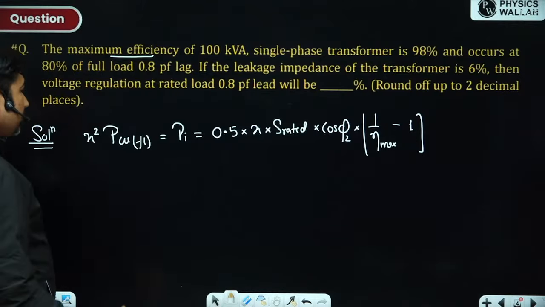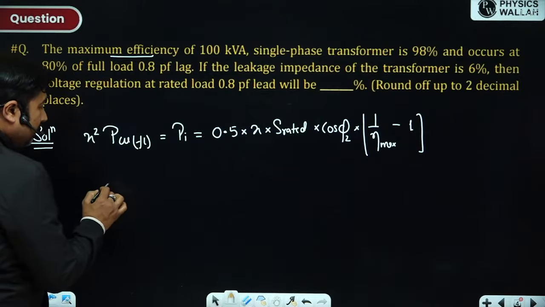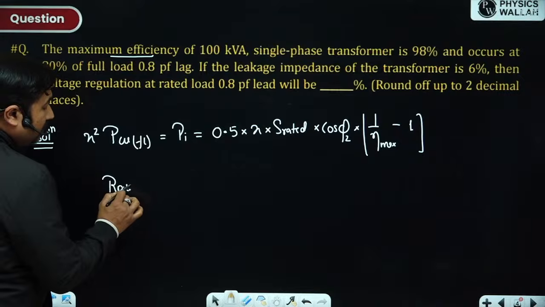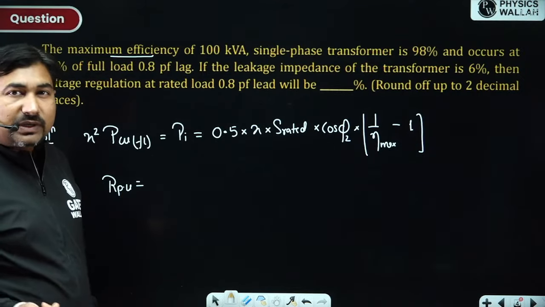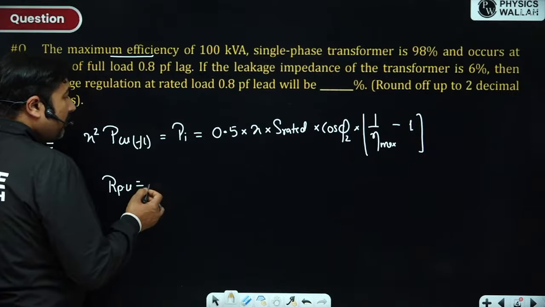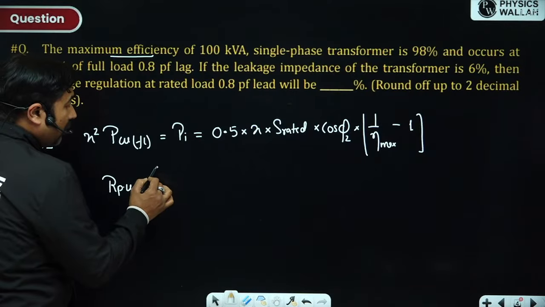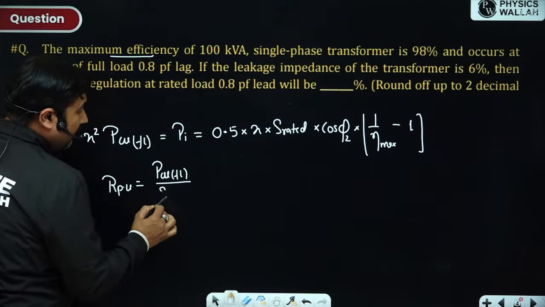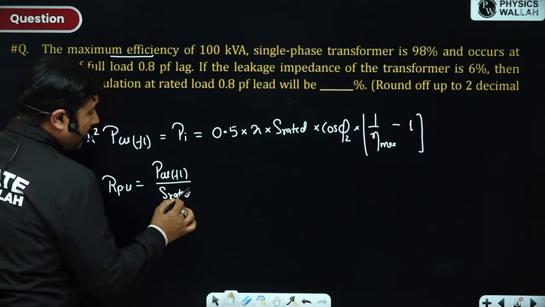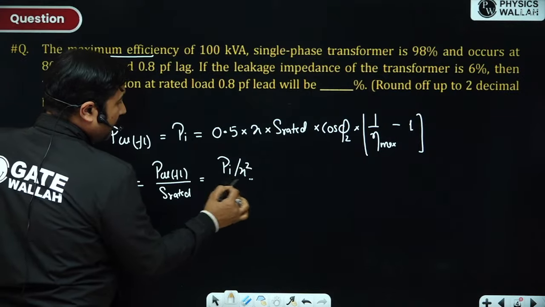Here you have to calculate R per unit first, because once you have R per unit, Z per unit is already given to you, so you can calculate X per unit for voltage regulation. R per unit is full load copper loss upon S rated. From here one can write Pi by x squared upon S rated.